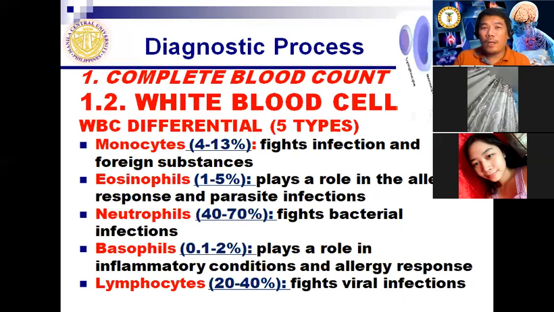Remember, the one responding to inflammation among the WBC differential count is basophils. Especially if there is an asthma attack, because in asthma, the inflammatory process exists due to the narrowing of the airway passages. It's caused by inflammation. So basophils, inflammatory conditions, so expect findings in the basophils.